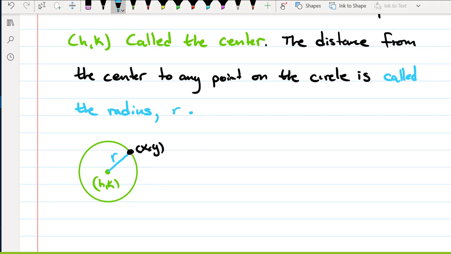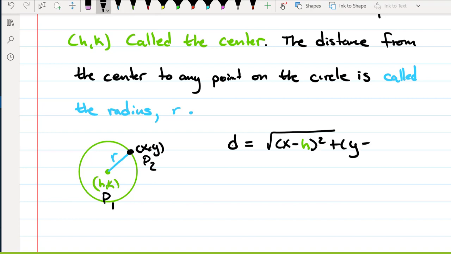Well, if we write that out, the distance between 2 points, if I call this point 1 and I call this point 2, then my distance is going to be the square root of x2 minus x1, so x minus h squared plus y minus k squared.